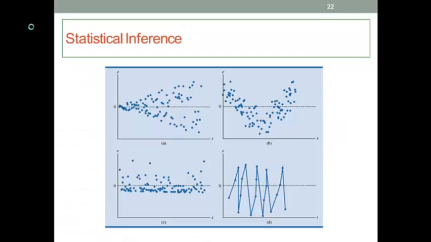Here are some examples of problematic residual plots. Let's see residual plot A. The residuals are distributed around the 0 line. However, when the independent factor increases, the residuals show a trend. Let me draw the trend.